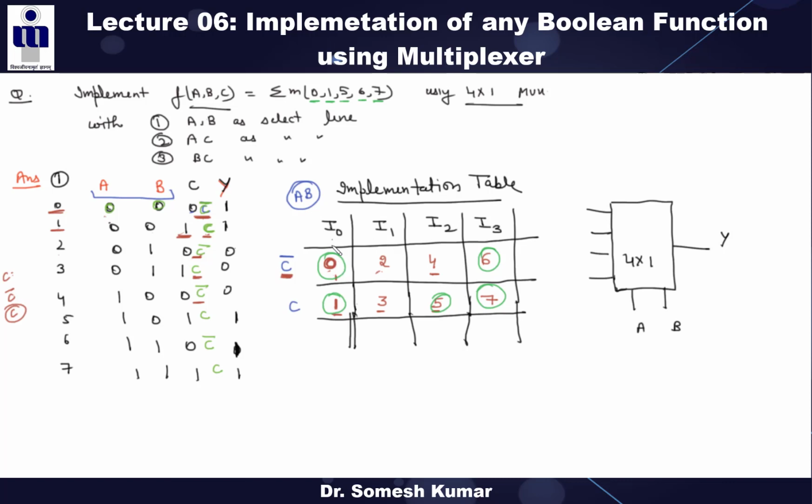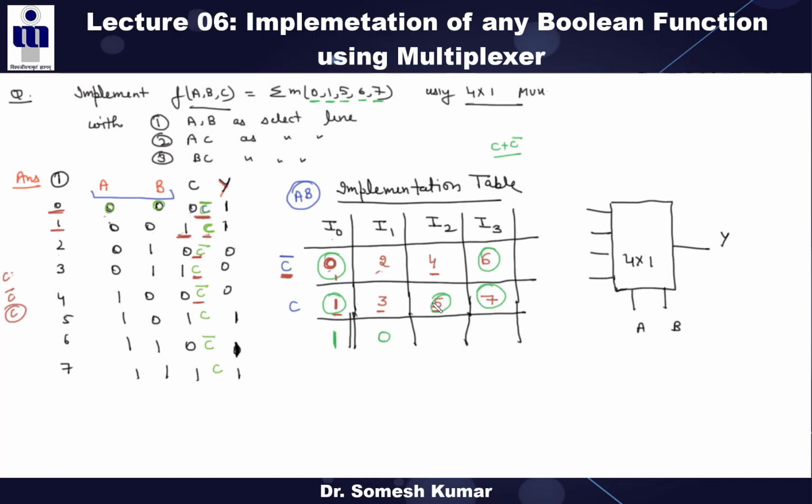And remember this thing: if in any column there are two circles, then you have to write here 1. What is the meaning of these two circles? It means C plus C bar, right? It gives the 1. If there is no circle, then it will give the 0.